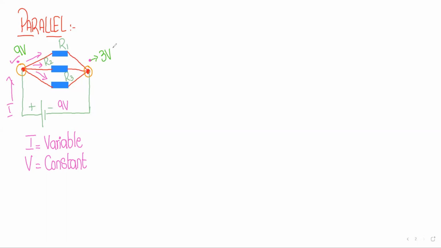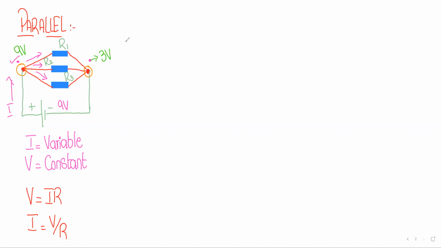So now again we are going to calculate the resistance, and to calculate the resistance we again take help from Ohm's law, which is V equals IR, and in parallel combination we are going to make I the subject. When we make I the subject, we need to find out the total electric current through the circuit.